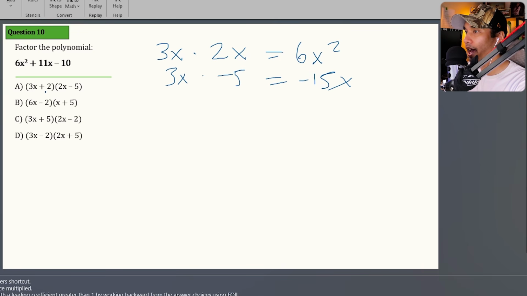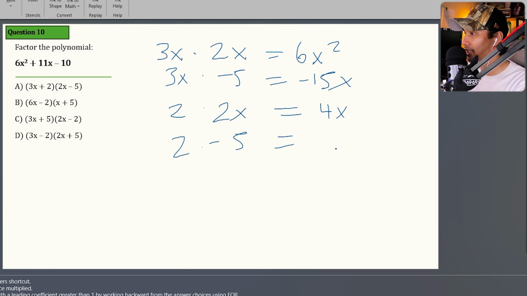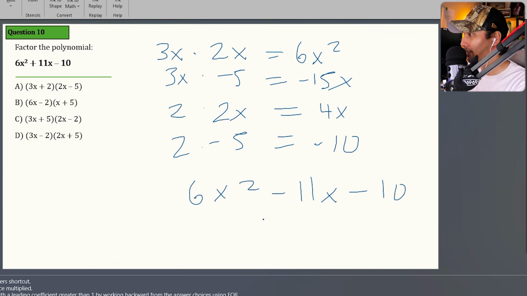And then you have 2 times 2x, which is 4x. And then 2 times -5 equals -10. All right, we combine everything together: 6x squared minus 11x minus 10. And this is not this polynomial, so we can get rid of A.